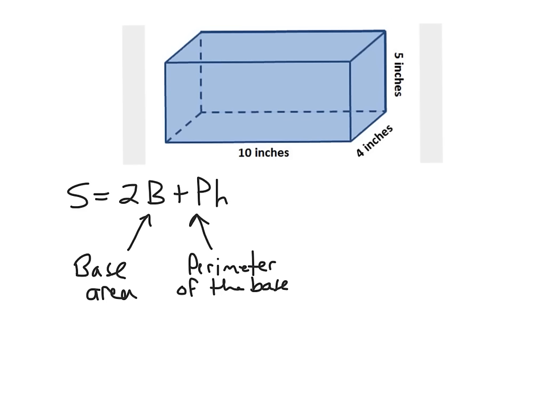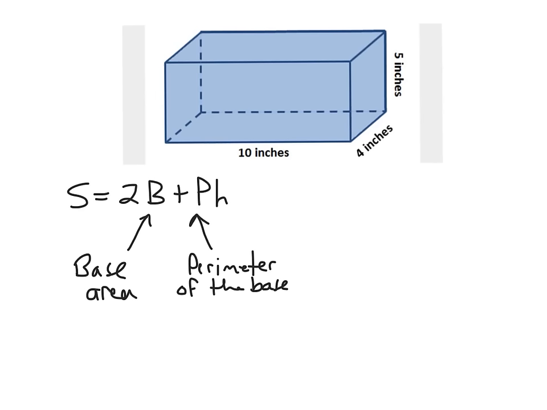Let's take a look at this example. This is a prism. It's a rectangular prism, and we could find the area of each of the surfaces and add them all up. We could also do something a little simpler than that, because we could see that the surface right here is 10 inches wide and 5 inches tall. I could find the area of this surface, and I could double it because there's another one on the back.